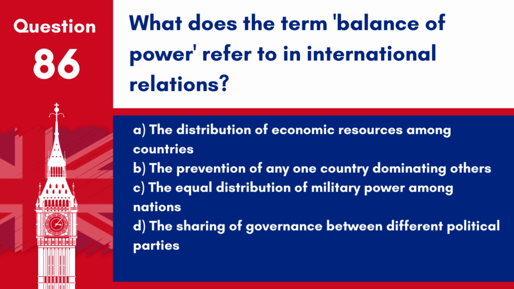D. The sharing of governments between different political parties. Answer. B. The prevention of any one country dominating others. In international relations, the term balance of power refers to a situation where the national security is not dominated by a single state through an equilibrium of powers among nations.